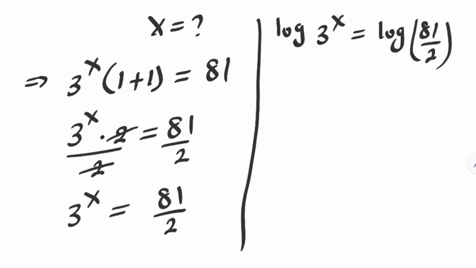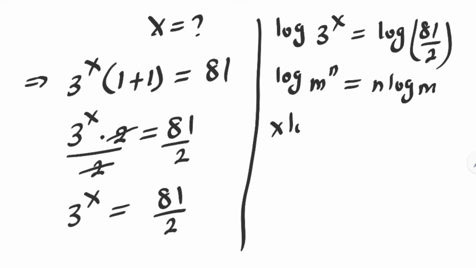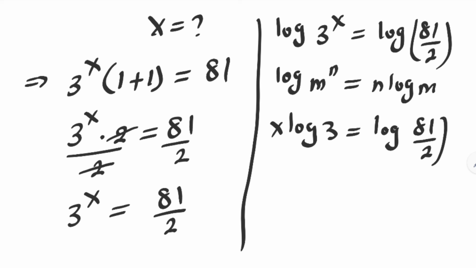Now, if you have log m raised to power n, this is equal to n log m. This can be written as x log 3 is equal to log 81 divided by 2.